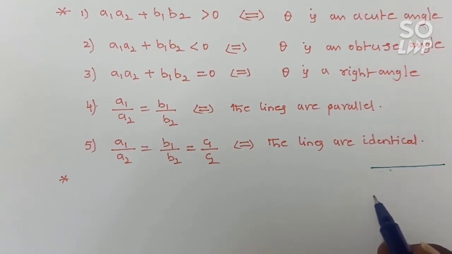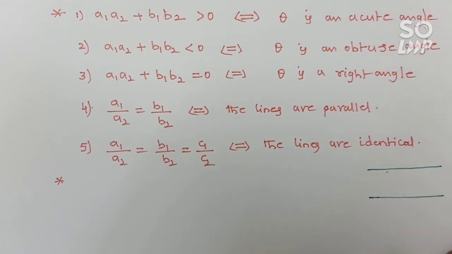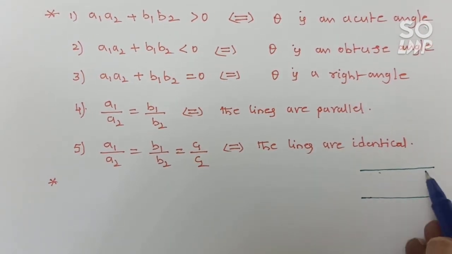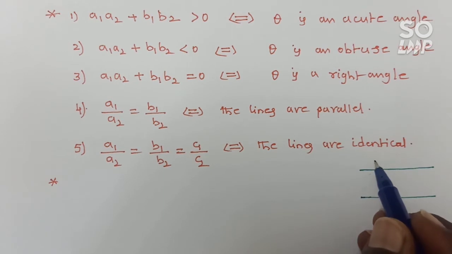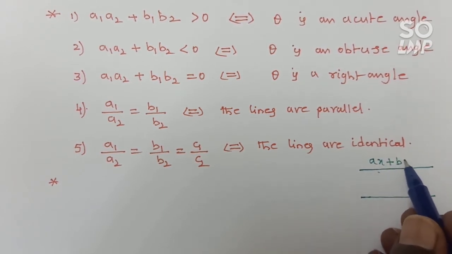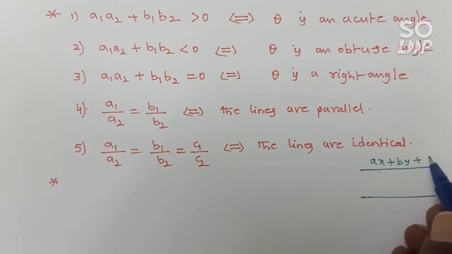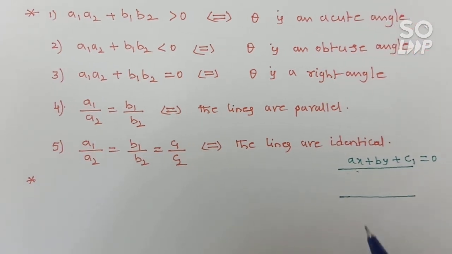When two lines are parallel, slopes are equal. Suppose this equation is ax plus by plus c is equal to 0. This is one line.